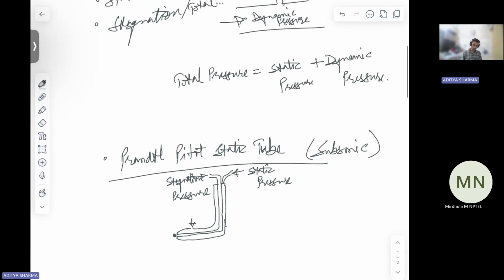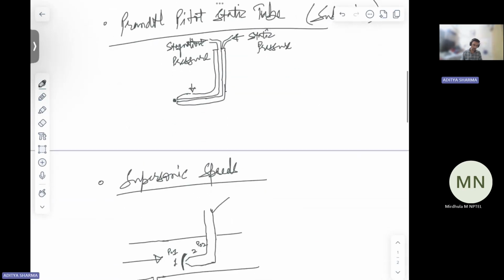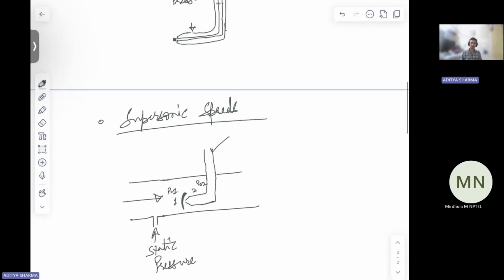When we were talking about pressure, we'll have to get into the flow. So eventually, you'll have to disturb the flow, because you are putting some probe into your flow.